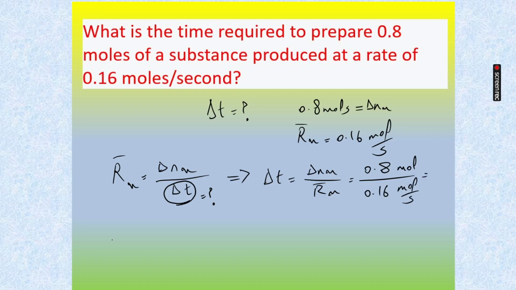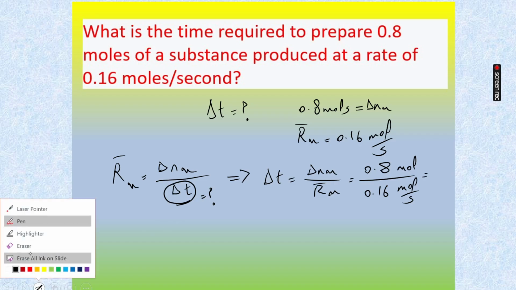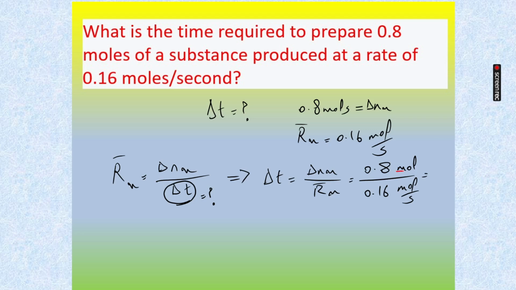Look at the unit. Mole over 1, mole by mole disappears, cancels. So the second goes above. 0.8 over 0.16 should be 5 seconds.